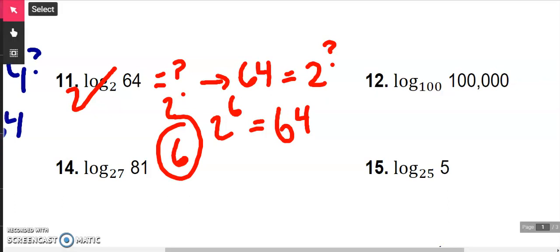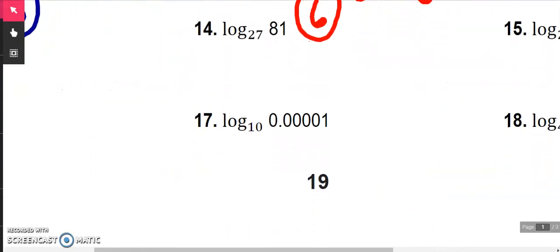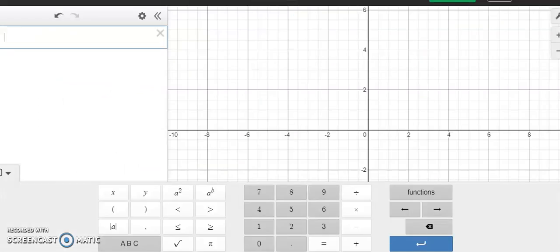So we can pick pretty much any of these and do the same thing. For example, if I wanted to do log 27 of 81, I'm going to press function, log, and fill it in. Notice it gives me a decimal.